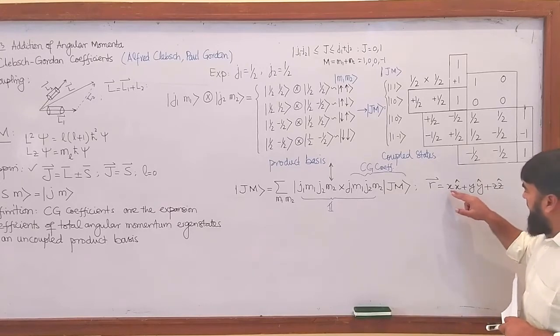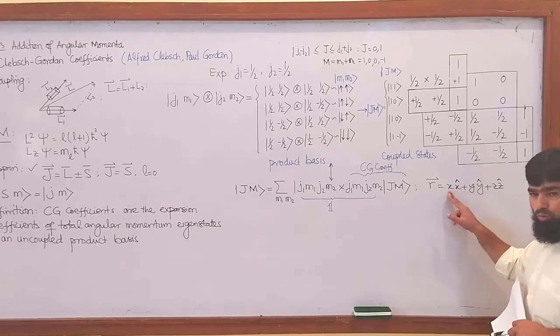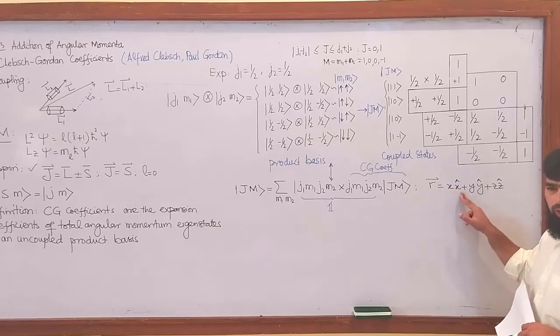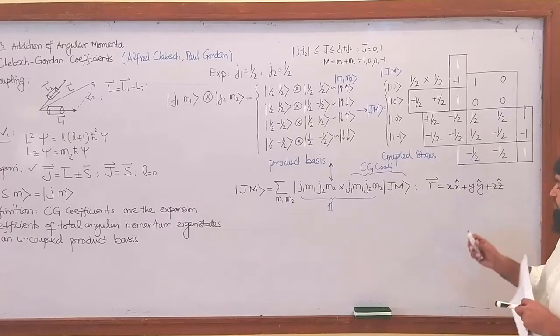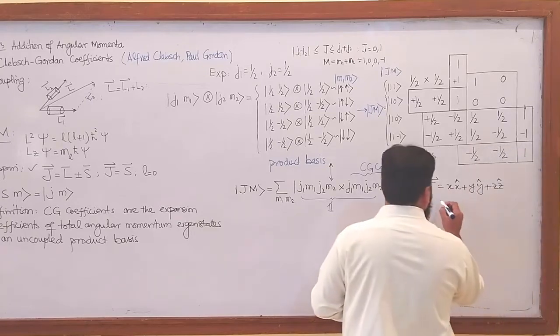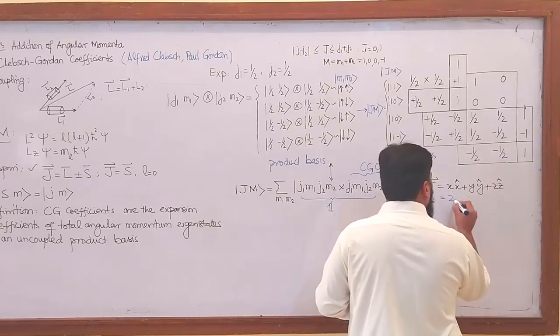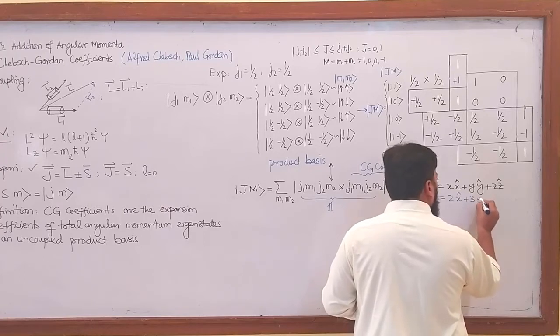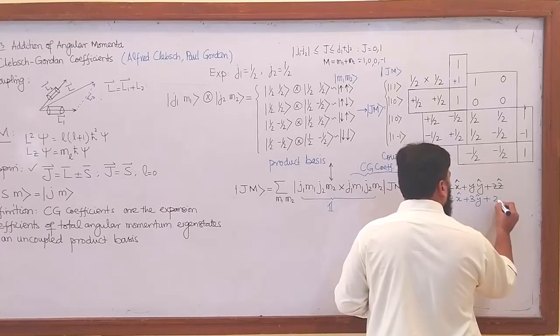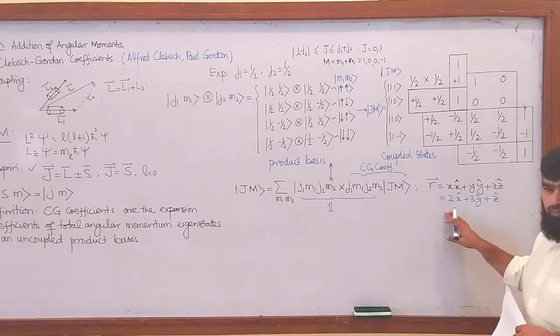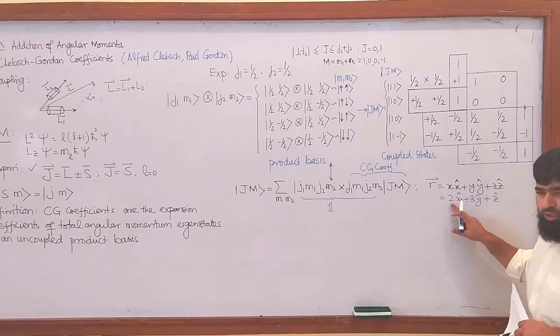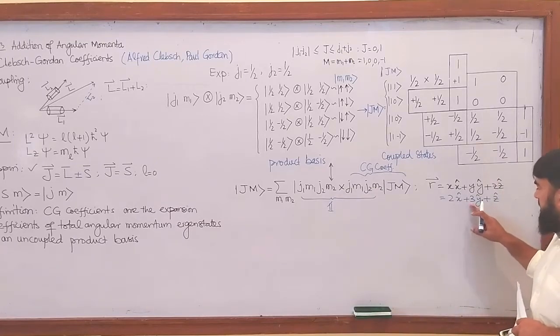When I write this, this is the coefficient along the x unit vector. For example, let me write 2 in x plus 3 in y plus 1 in z component. Now what will it be? 2 is the coefficient along x, 3 is the coefficient along y, and 1 is the coefficient along z.